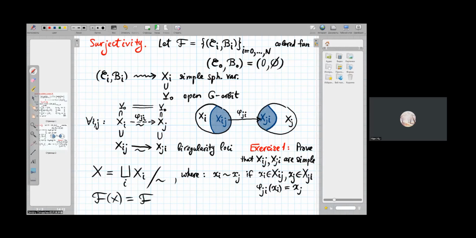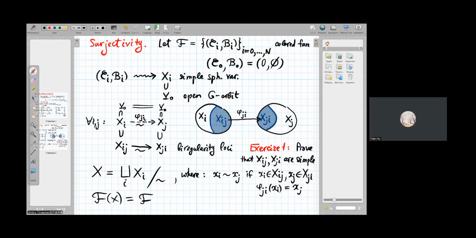This is just by construction. The only thing we have to prove is that the variety X is separated. Well, we can say that we have to prove that X is a true algebraic variety in our sense, because some time ago we agreed to consider only separated algebraic varieties.